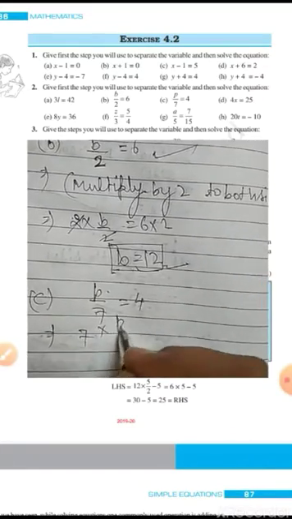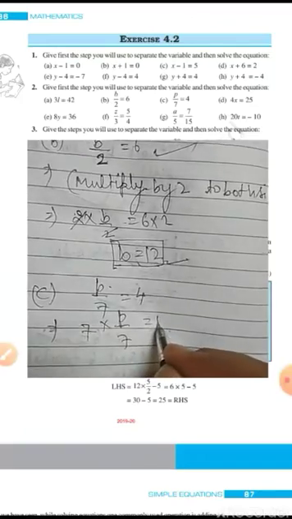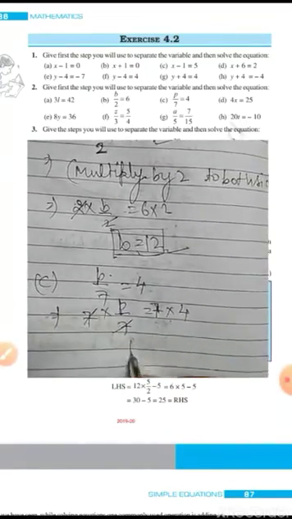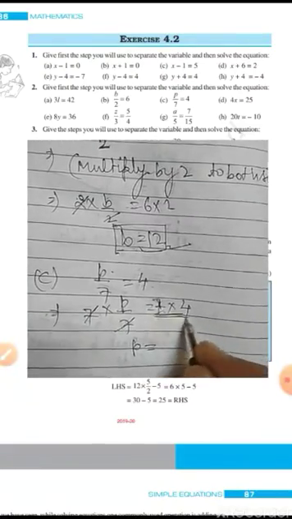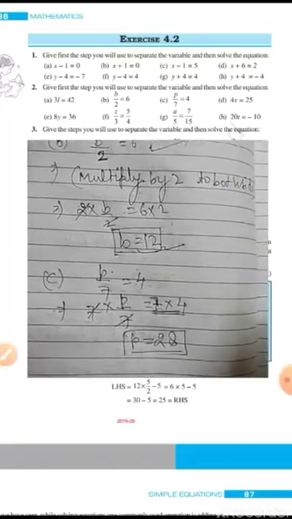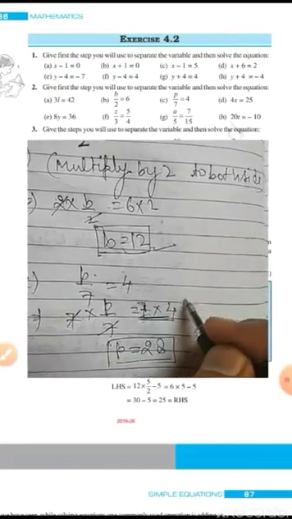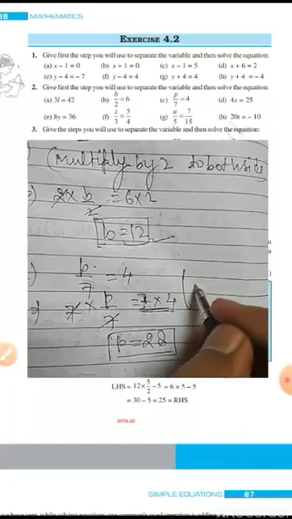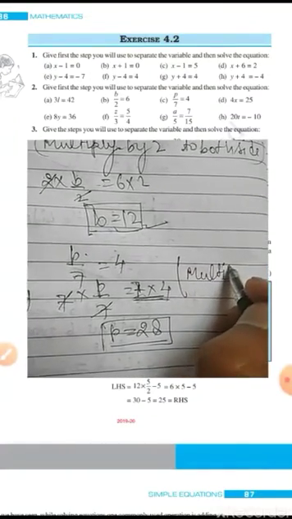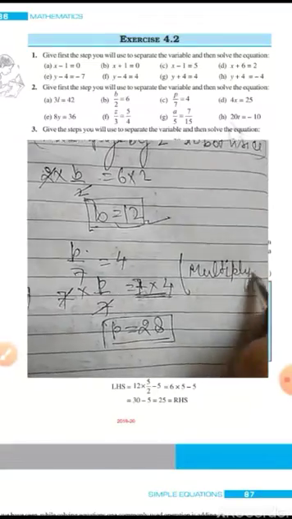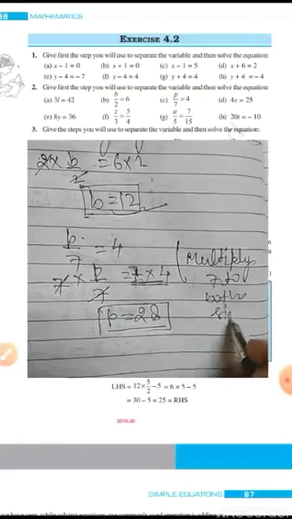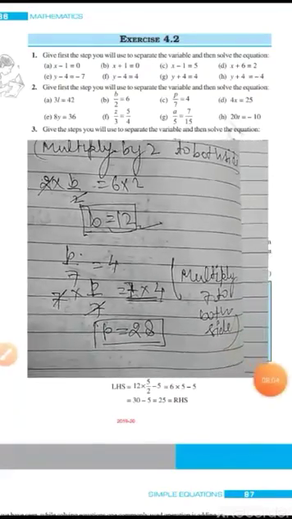So 7 multiply by p upon 7 is equal to 7 multiply by 4, cancel. p is equal to what? 28. So p is equal to 28 is the solution. Multiply 7 to both sides.